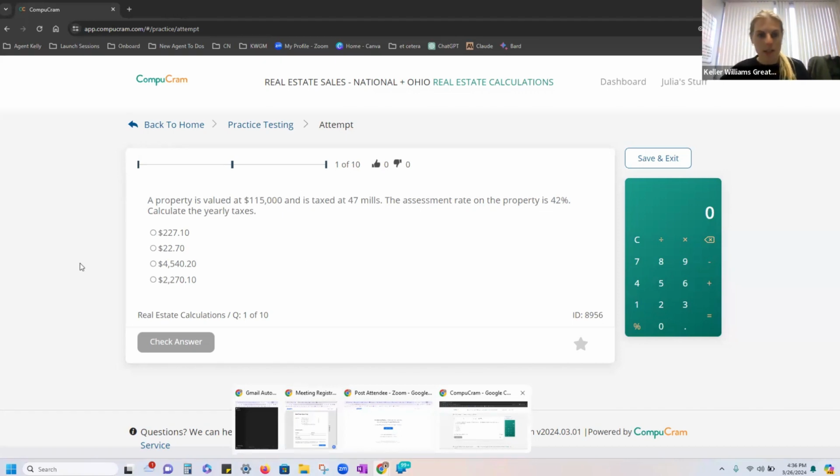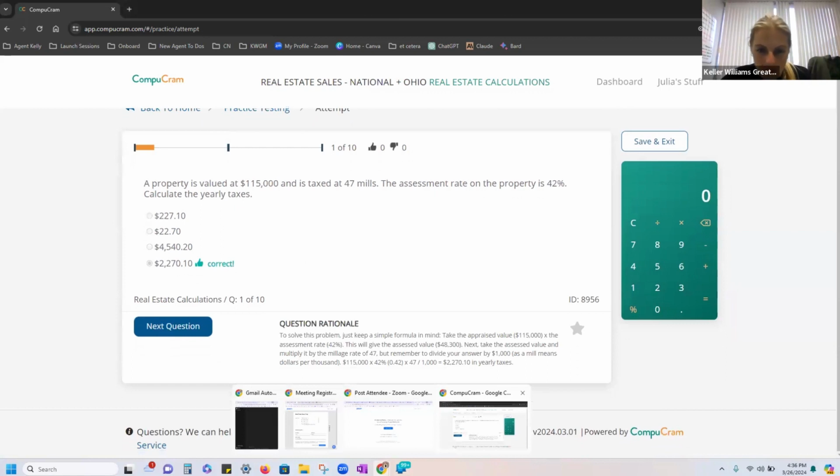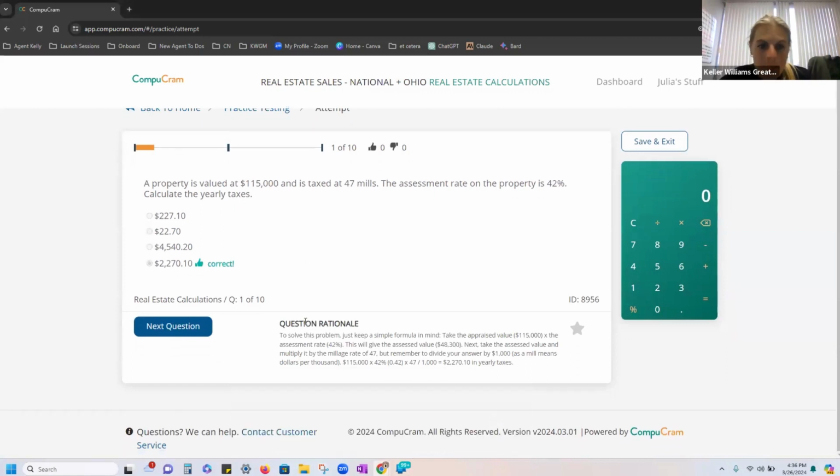All right, so the answer is D. Good job. I also got that. So the first thing you want to do is multiply 115,000 times 42%, and then you get 48,300. So I'll do that here. 115 times 0.42 equals.